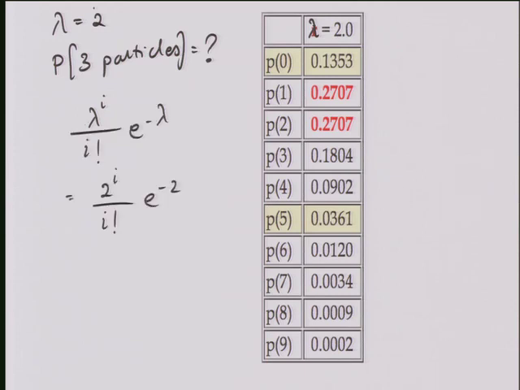Then you can work it out for different values of i equal to 0, 1, 2, etc., and those are the numbers. You can see it starts off low, it goes up, and then it comes down. It's like the binomial distribution. It goes up and then comes down.